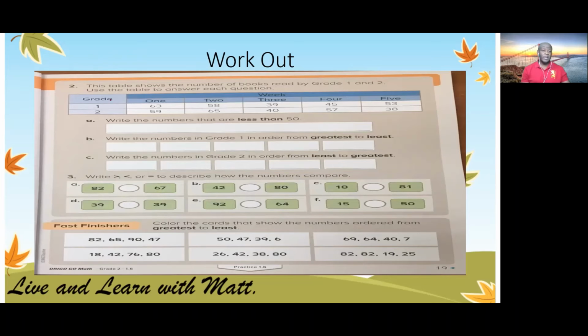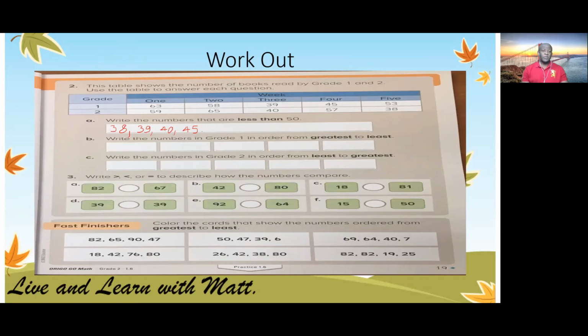So part A, write the numbers that are less than 50. What are the numbers that are less than 50? There you go. We've got 38, 39, 40, 45.